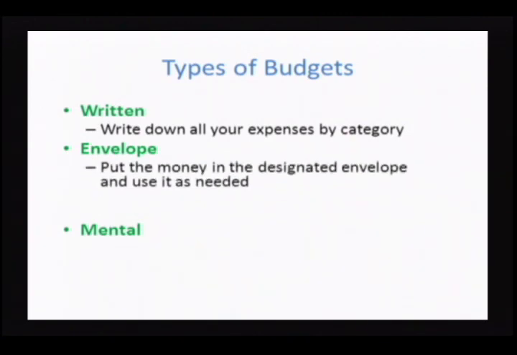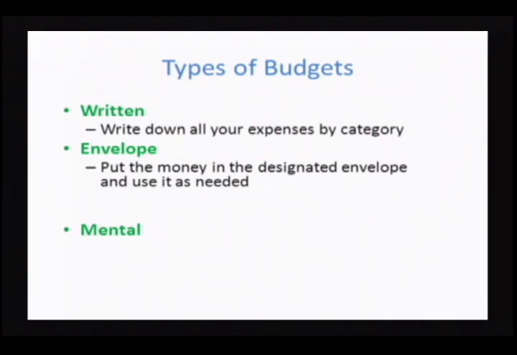The envelope system. Put the money in a designated envelope and use it as needed. That means you have an envelope for each one of the categories. You have a grocery envelope. You have a clothing envelope. You have an entertainment envelope. You have a rent envelope.